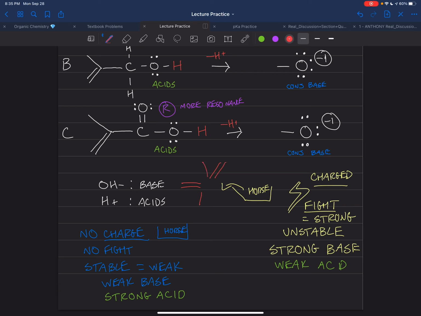If you're charged and you're ready to go back to the other side, pick up that proton, go get that acid that has harmed you, and you hit resonance, that's going to prevent you from doing this. So whatever level of stability you have, if you're unstable, this is going to stabilize you a little bit. If you're a strong base, this is going to make you a bit of a weaker base.